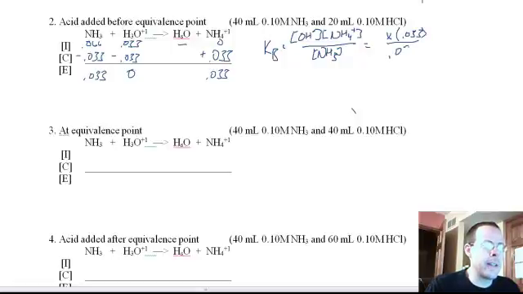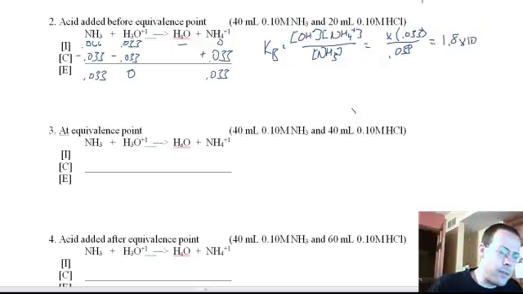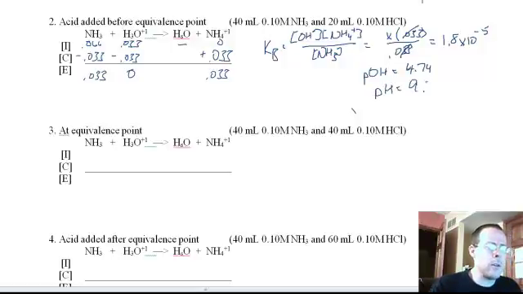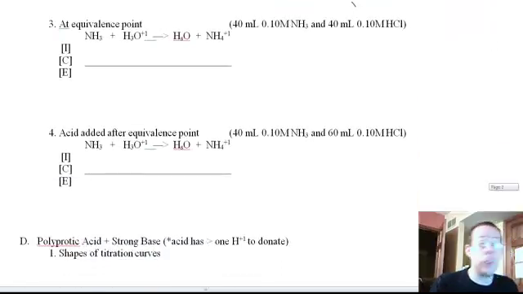So notice these cancel kind of like the last time. And again, we're going to set this equal to 1.8 times 10 to the negative fifth. So these cancel, so X equals that. So if we take the negative log of that, we get pOH, which equals 4.74, which means our pH is going to be 9.26.